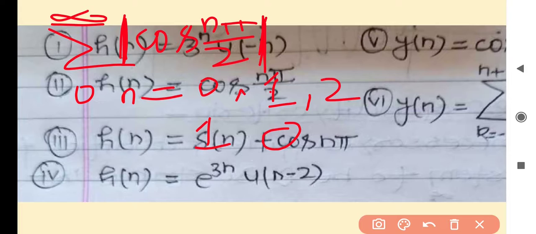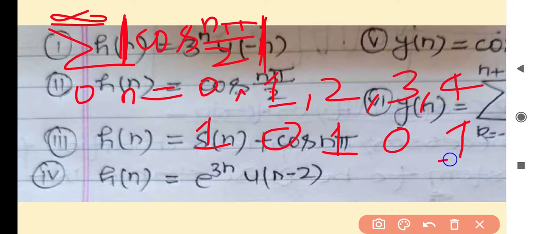Then instead of -1, I will write it as 1. When n is equal to 3, it will become cos of 3 pi by 2, and cos 270 degree will give value equal to 0. Again, when n is 4, it will become cos of 2 pi, and cos of 2 pi will give value 1.